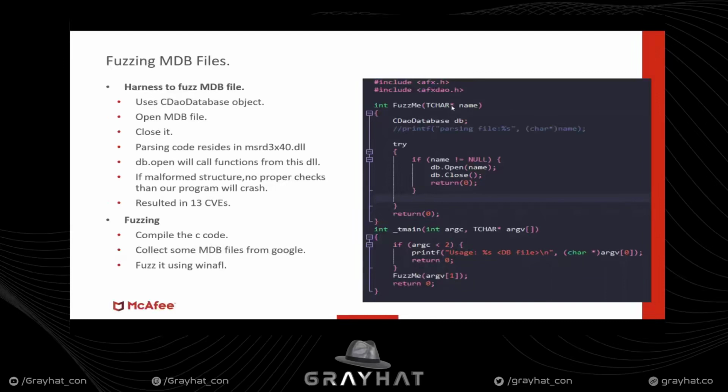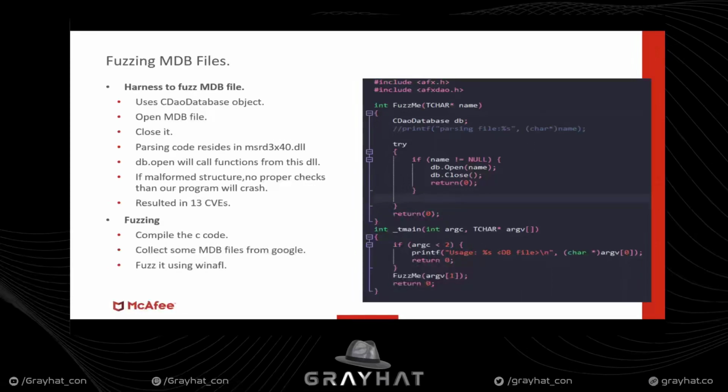And inside fuzzme, it creates one CDaoDatabase object, and then it uses the open call to open the particular file name which we have passed as an argument to this program, and then it simply closes that and the function returns. So this is a very simple harness to fuzz mdb files, and as an input corpus you need to provide various mdb files.